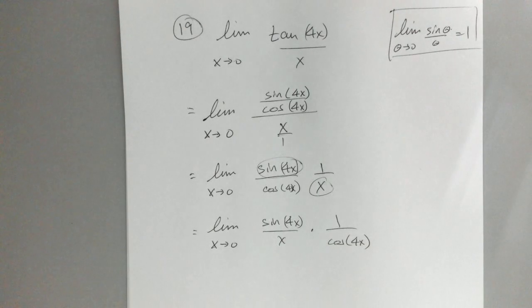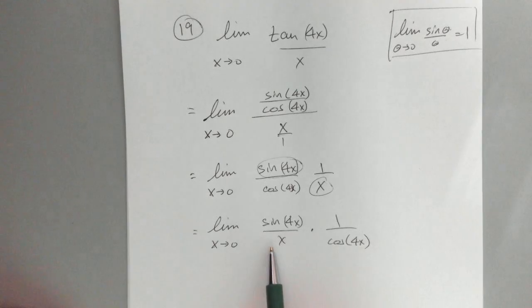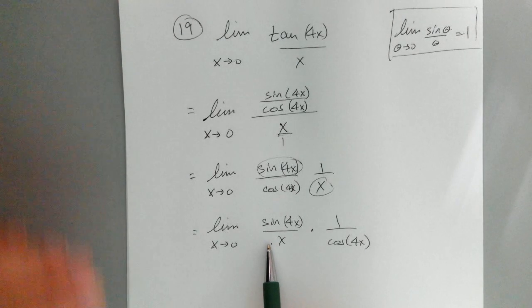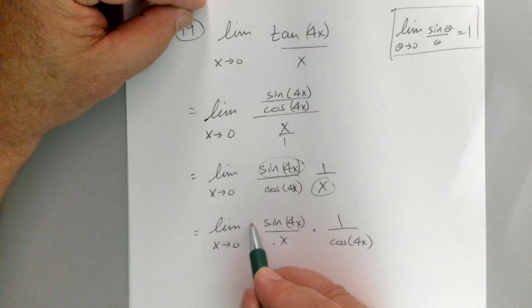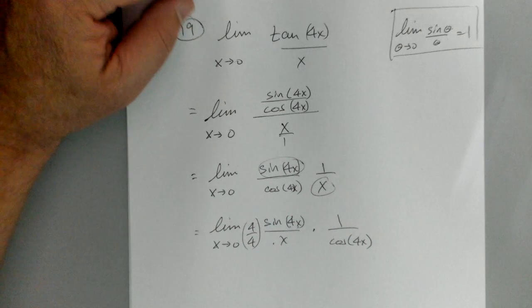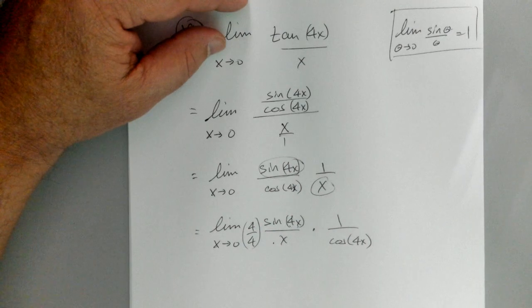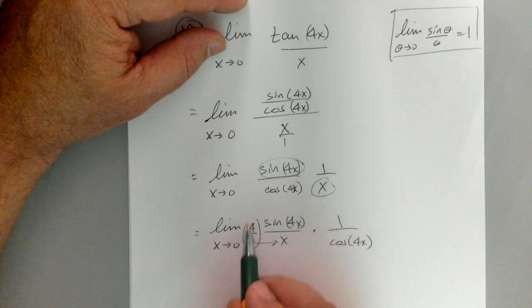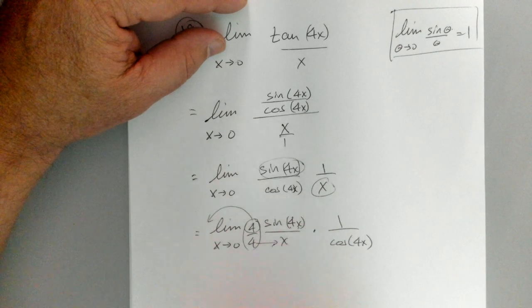Everybody good so far? So what are we missing in front of the x here? 4. It needs to be a 4x. So I multiply by 4 over 4. This 4 will go with that x. This other 4 is a constant, so it goes out in front.